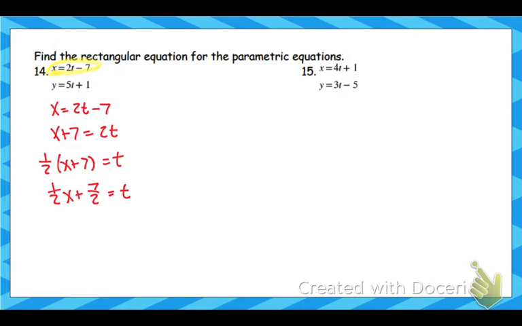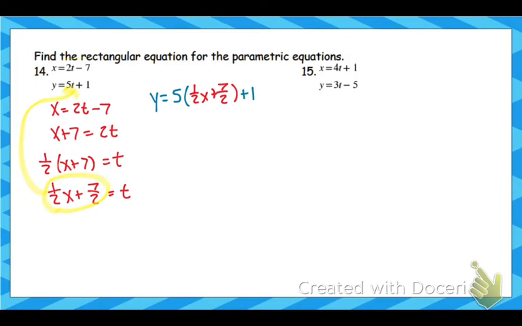Once I know what t is, I'm going to take what I have here for t and plug it in to the t in the y equals equation. So y equals 5 times, and I'm going to replace that with the value of t. Then all I have to do at this point is simplify.